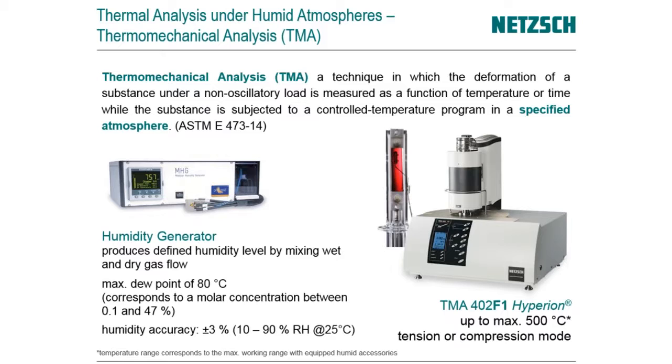Again, for the specific atmosphere in our case, we use the already mentioned humidity generator, and for thermomechanical analysis we combine it with our NETZSCH TMA 402 F1 Hyperion. This setup is able to run up to maximum temperatures of 500 degrees C, and we have two measuring modes, tension and compression mode, so that you can measure bulk samples in compression or fibers and foils in tension mode.